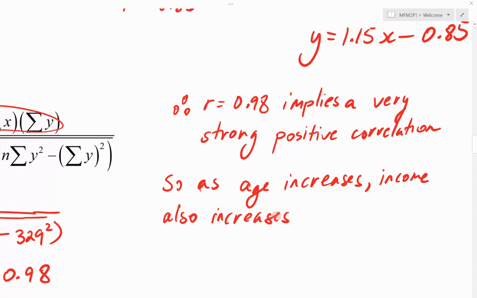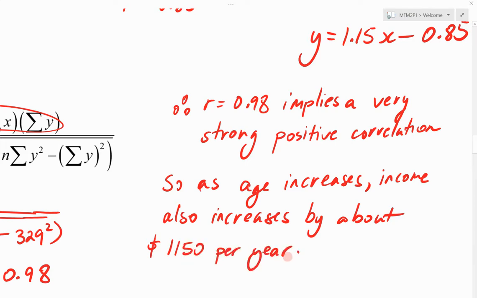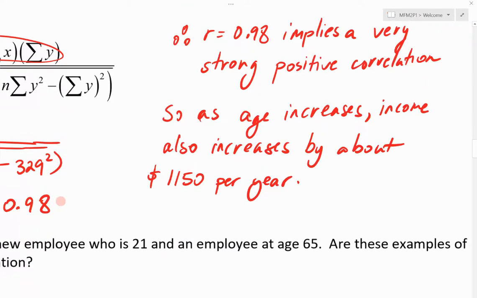If the slope was 1.15 and the y values are in thousands, then we can translate that to $1,150 per year. So every year that you age, your salary or whatever money you make increases by $1,150 per year.